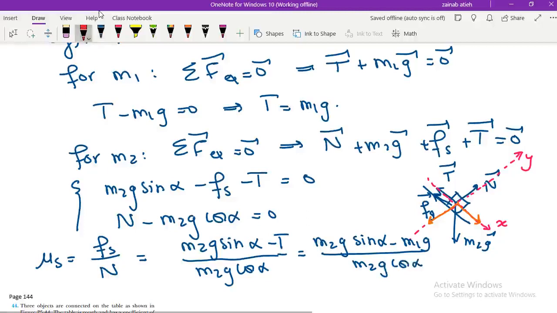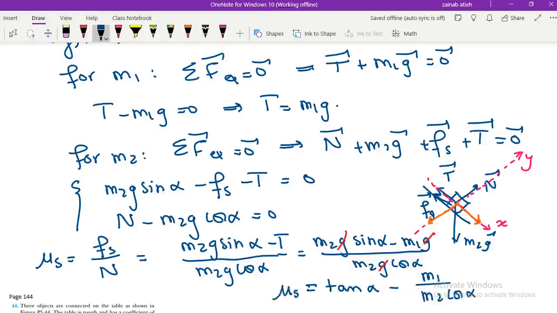I can divide by G everywhere, so I get M2 sin alpha minus M1 over M2 cosine alpha. I can divide by M2 cosine alpha to get a nicer form. So I get tangent alpha minus M1 over M2 cosine alpha. This is μs, the static friction coefficient.